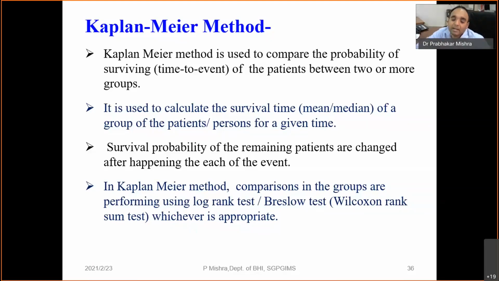These are within the Kaplan-Meier method, a part of it. If we need to calculate the p-value, first we have to decide whether to use the log rank test or the Breslow test. At which situation to use which, I am going to discuss in the next slide. So in the Kaplan-Meier method, the p-value is calculated by using the log rank or Breslow test, whichever is appropriate.